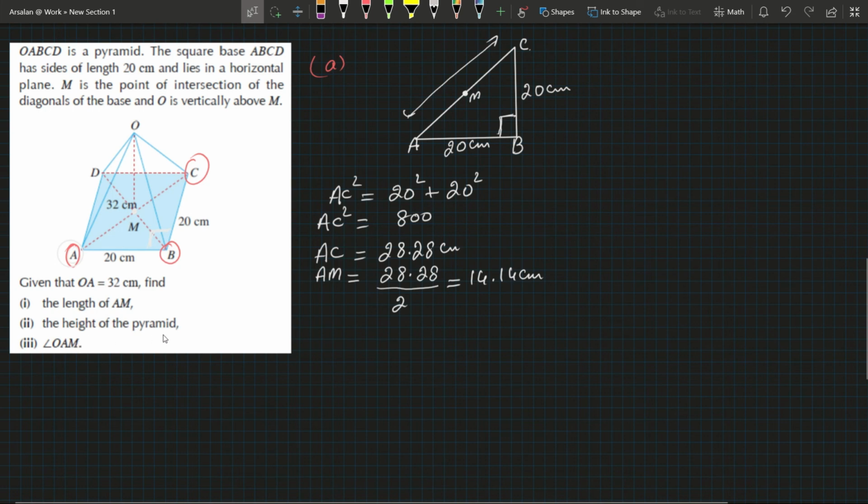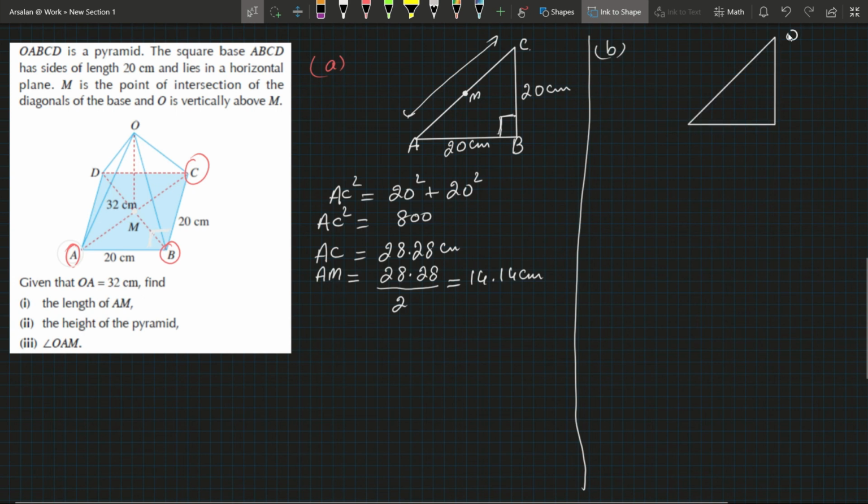And then the height of the pyramid is OM. For the second part, the B part, we are taking a new triangle, and this time O, M and A, because I have the length of AM.